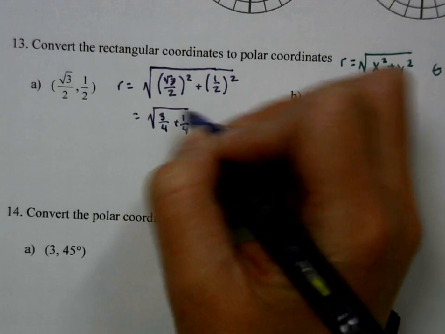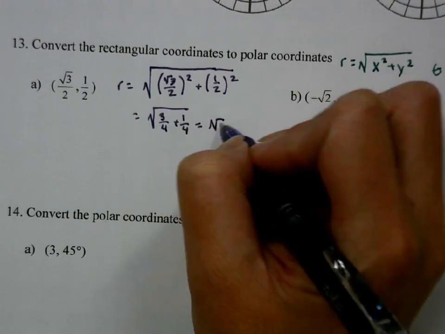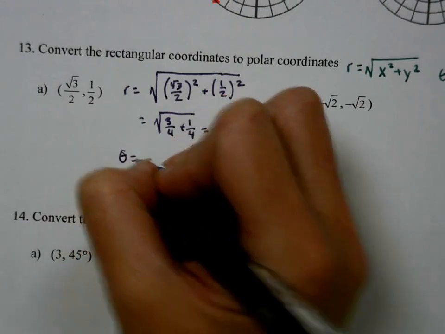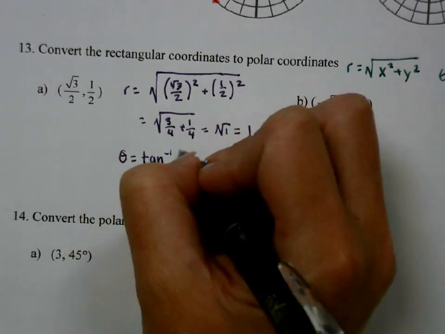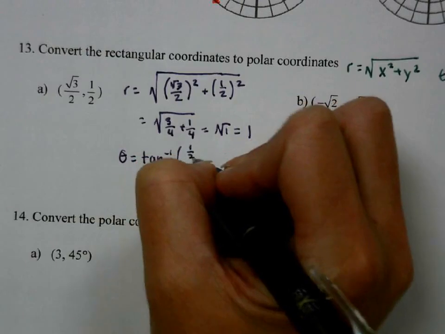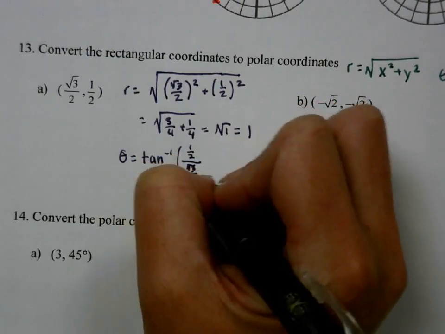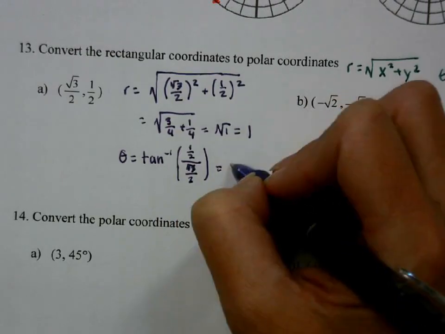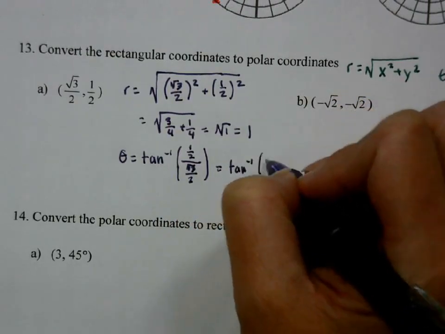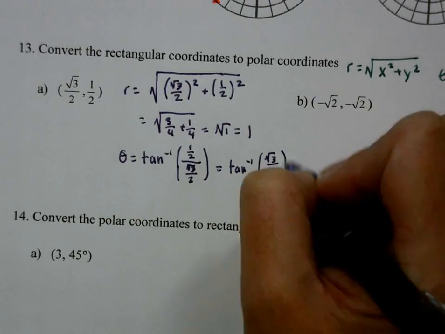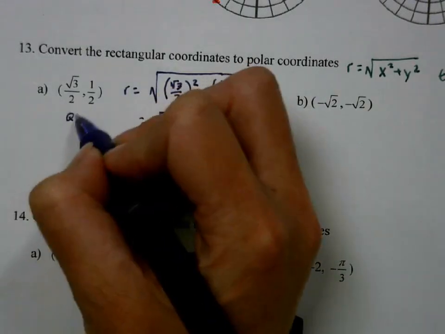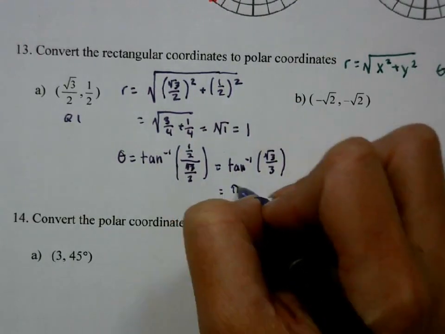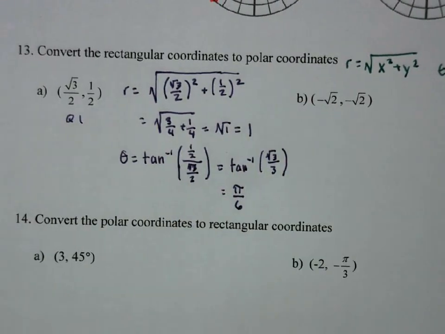Theta is going to be the tangent inverse of 1/2 over root 3 over 2, which when you do this math, you end up with tangent inverse of root 3 over 3. We want this in quadrant 1. So tangent is root 3 over 3 at pi over 6. Okay, not a bad idea to put those tangent values on your page. So my coordinate is (1, pi over 6).